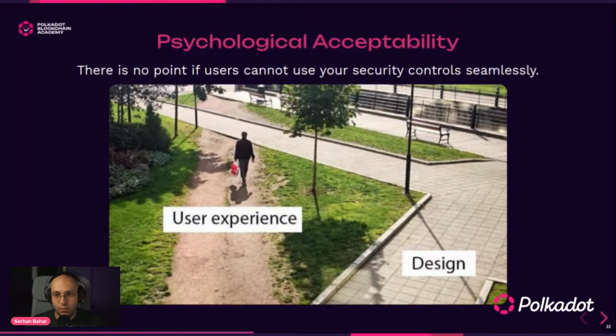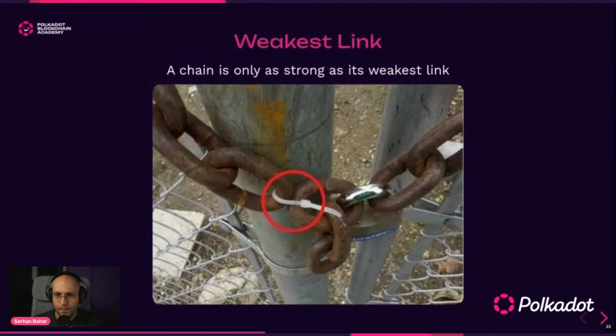Okay, it's going to be secure, but if it's going to be too hard to manage, too hard to maintain, there is no point. So, weakest link. A chain is only as strong as its weakest link. It's a saying that you probably already heard many times, and it's the case.